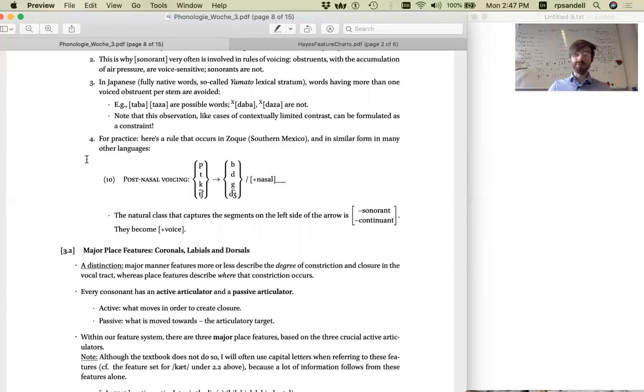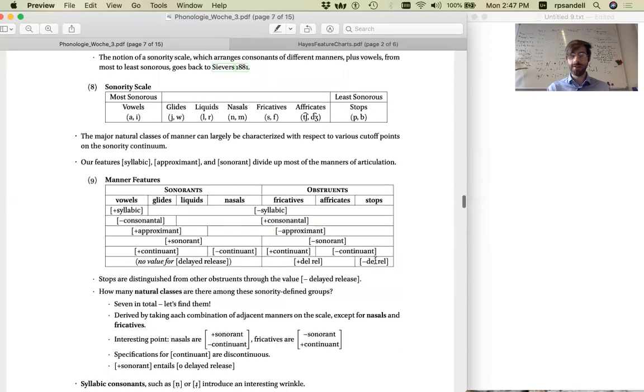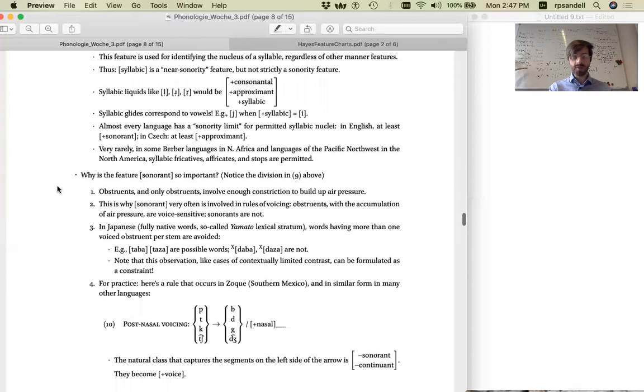And the natural class that captures the segments on the left side of the arrow here are sounds which are non-sonorant and non-continuant. So the affricates and the stops. The fricatives, in contrast, are plus continuant, and these do not become voiced in this context. So here we see this voicing sensitivity of the obstruents.